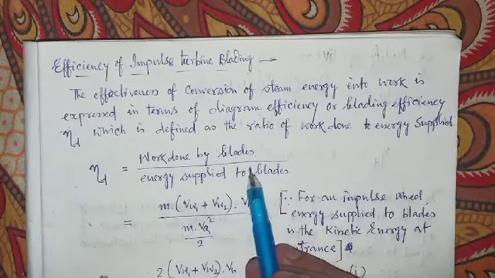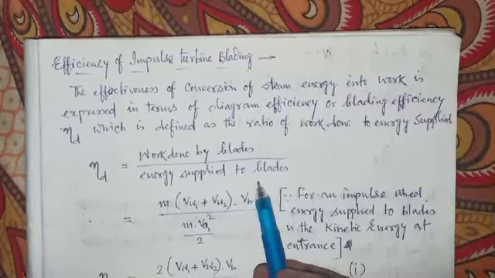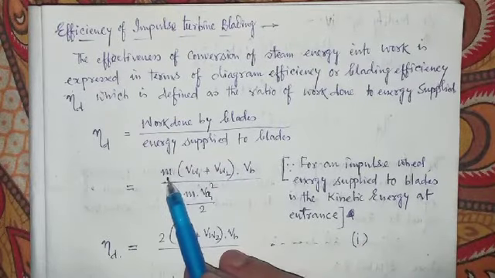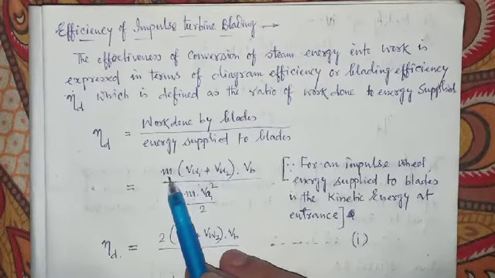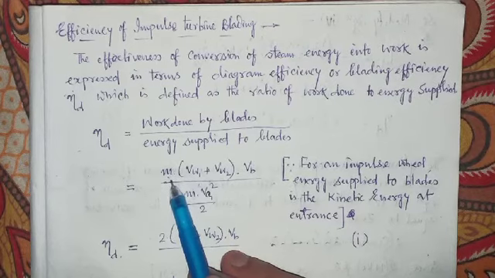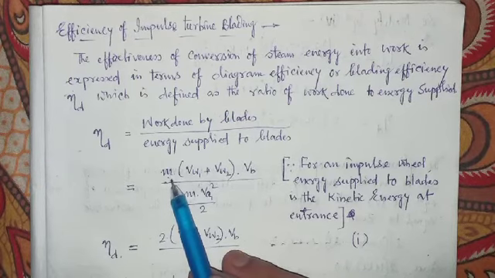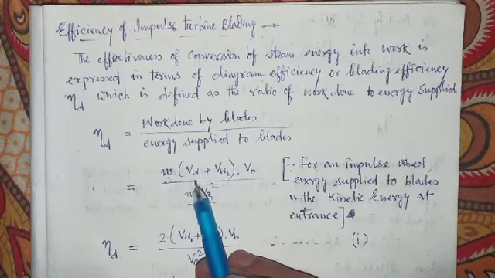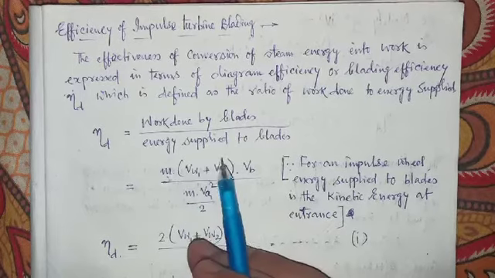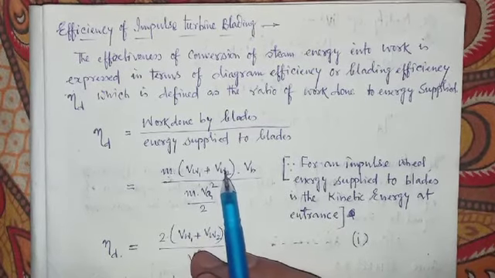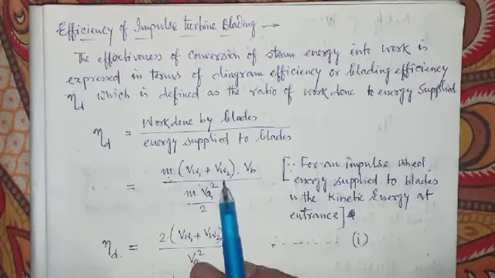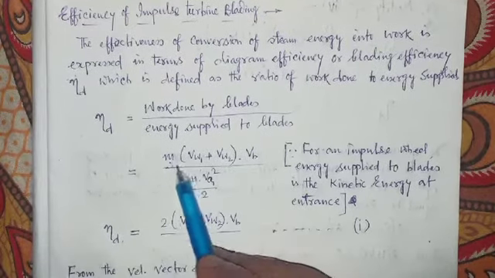As m is multiplied over here, m is the mass flow rate per unit time, that is, what amount of mass is flowing and striking the blade of an impulse turbine.